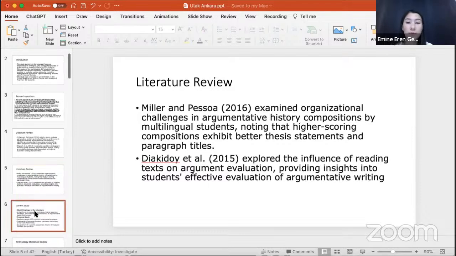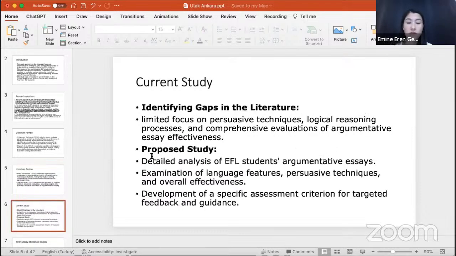So the scholars in the literature studied this from these perspectives, but there was limited focus on persuasive techniques, logical reasoning processes, and comprehensive evaluations of argumentative essay effectiveness.